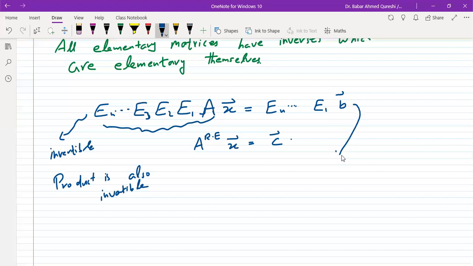So this equation I can write as some big E multiplying A and that same big E multiplying B, and we just proved the theorem that if this is invertible, then these two guys have the same solutions.